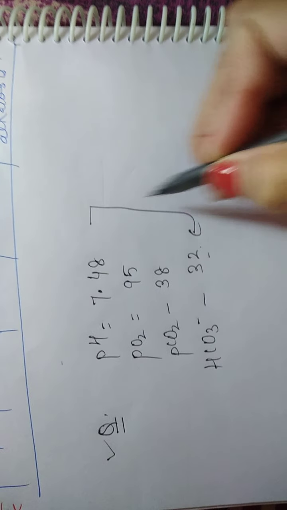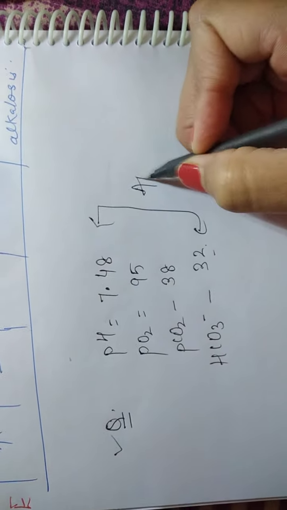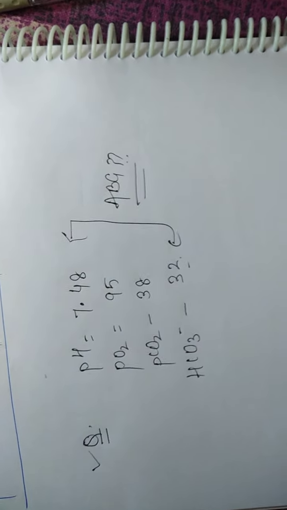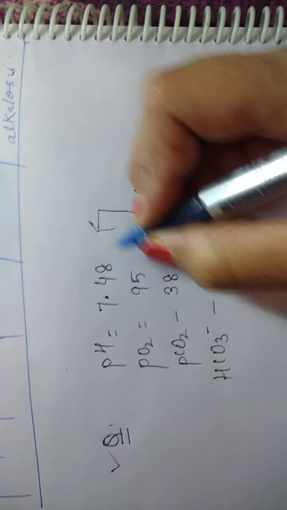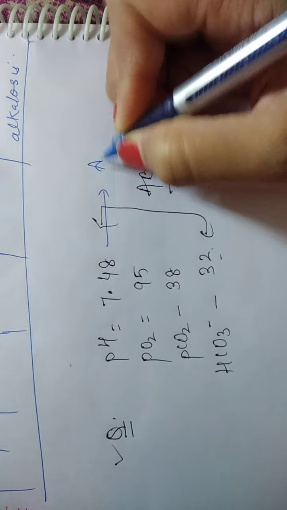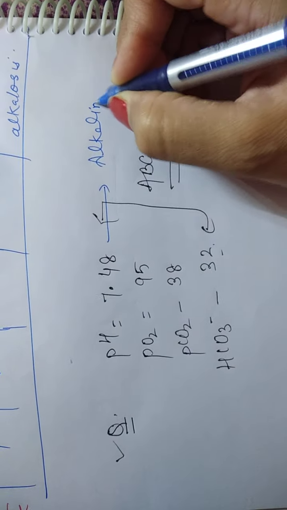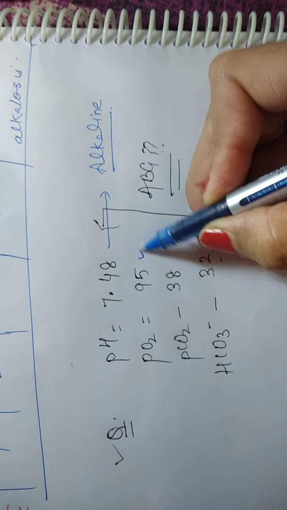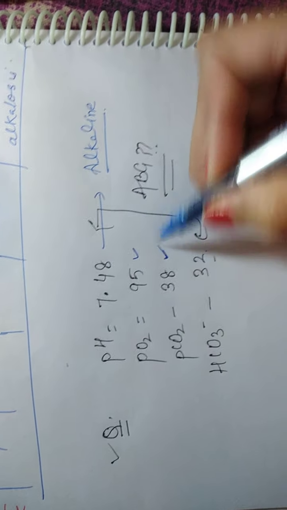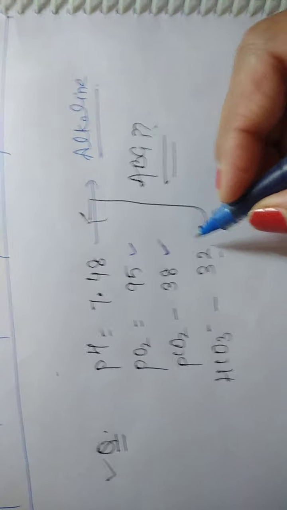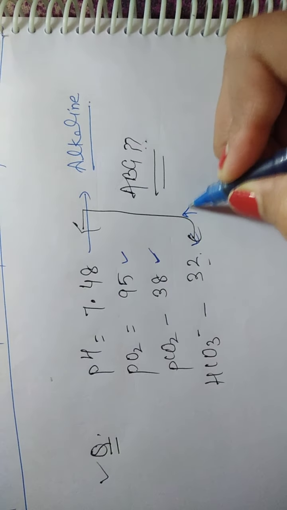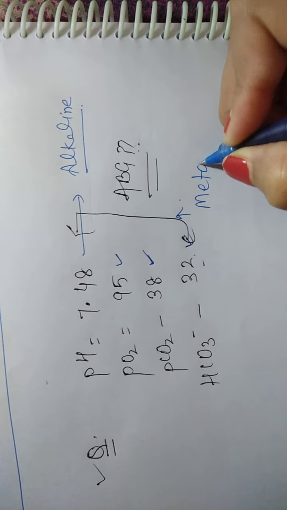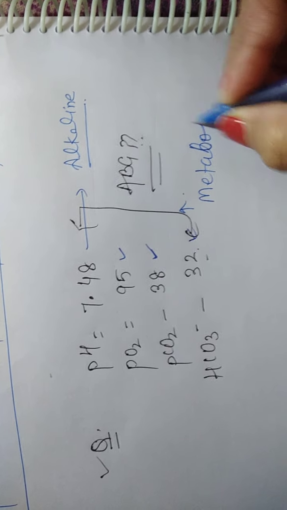Identify whether the person is having respiratory acidosis, metabolic acidosis or alkalosis. So how will you identify? First you see that the pH is alkaline in nature. That means the person is having alkalosis. PO2 value is normal. PCO2 value is also in the normal range. But the bicarbonate ion is increased. So that shows the person is having metabolic alkalosis.